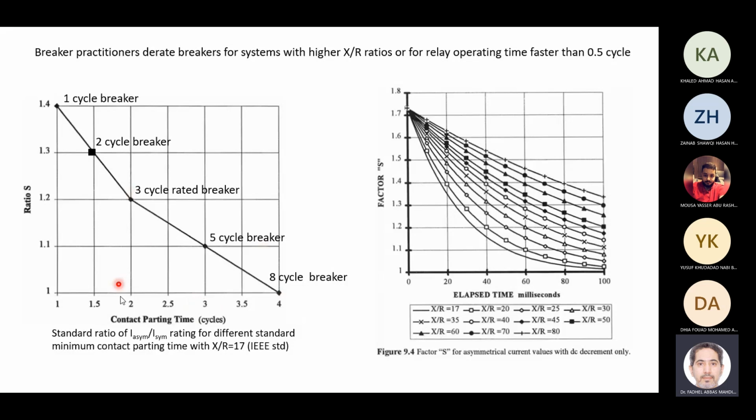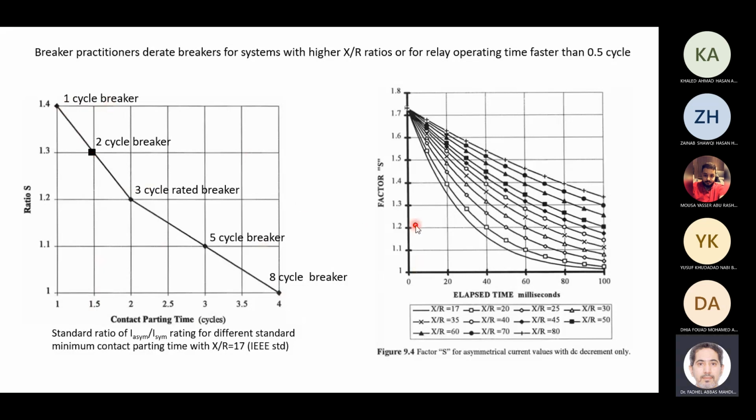For 3 cycle it is 2 cycles, like 1 cycle for arcing almost, and for 2 cycle there is 1.5 cycle contact parting time, and half cycle, for example, for the arcing time. And also for 1 cycle, they use 1 cycle contact parting time, and the circuit breaker total clearing time is the same.